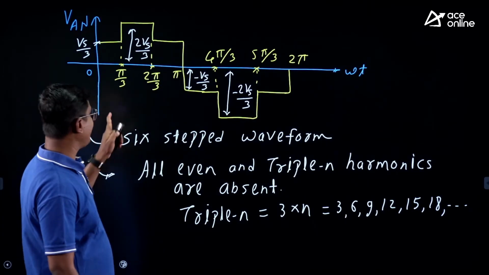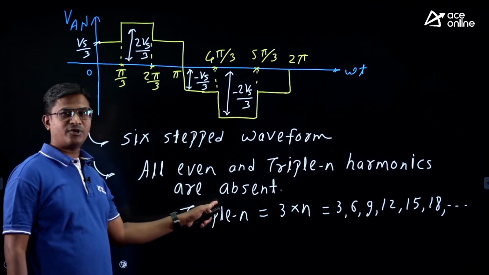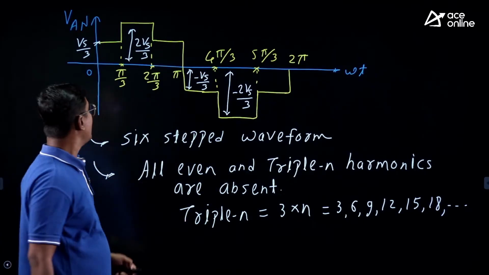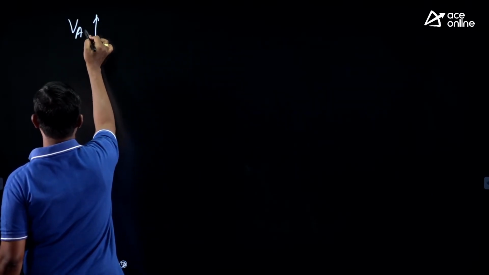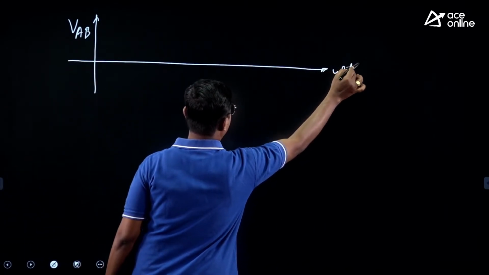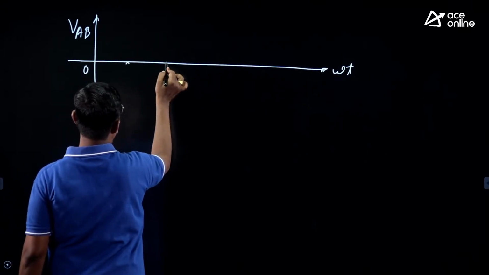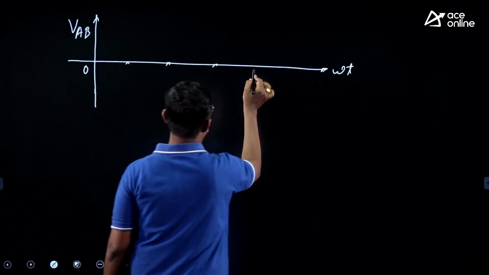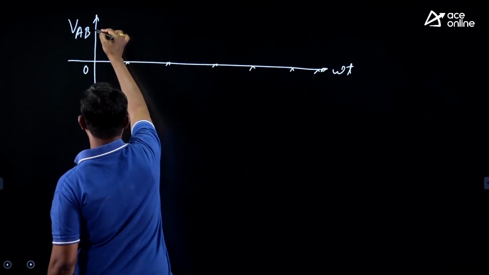Next, so the nature of the phase voltage waveform is a 6-stepped waveform. All even and triple N harmonics are absent in this waveform. How is the nature of line voltage? Let me draw the line voltage waveform. Line voltage is a quasi-square function.